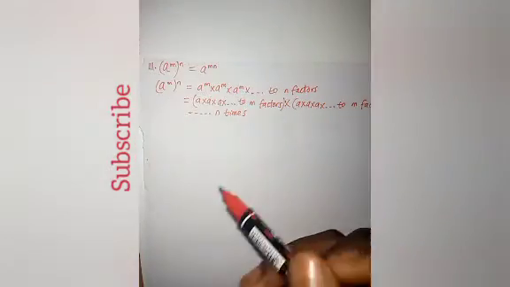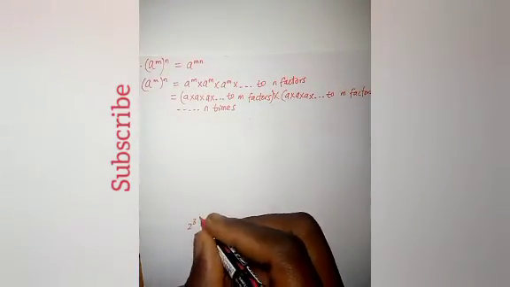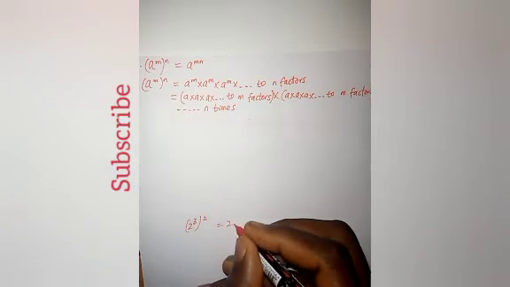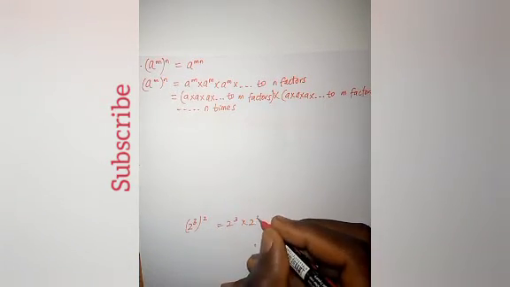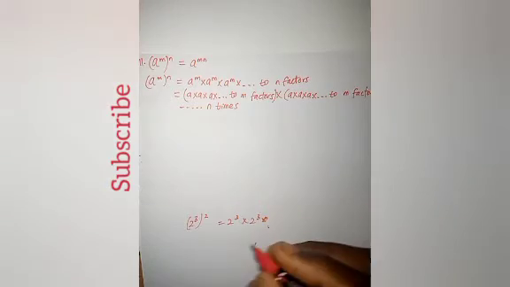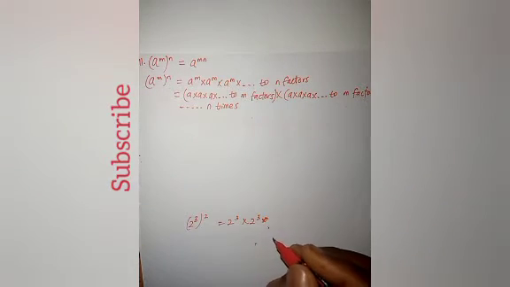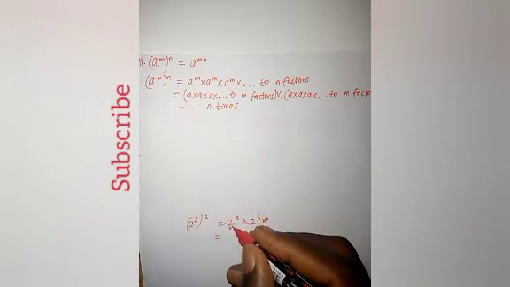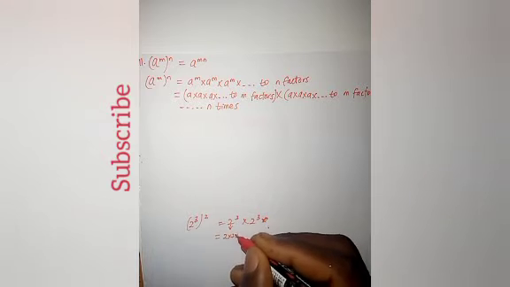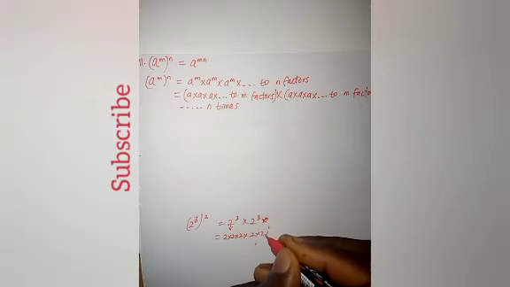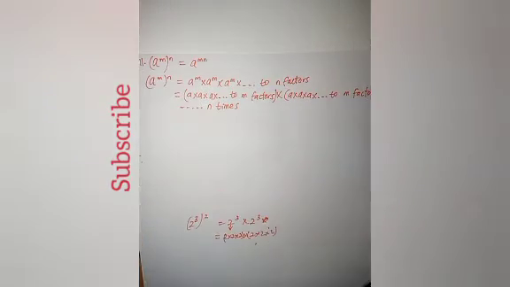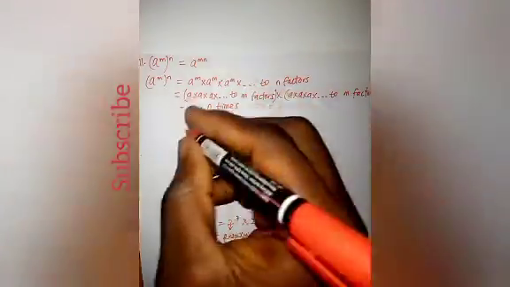So it means if we have 2 to the power of 3, we want to say 2 multiplied with itself 3 times. That's the meaning. So this 2 raised to power 3 means 2 times 2 times 2. That's what we mean. So the same thing here too.